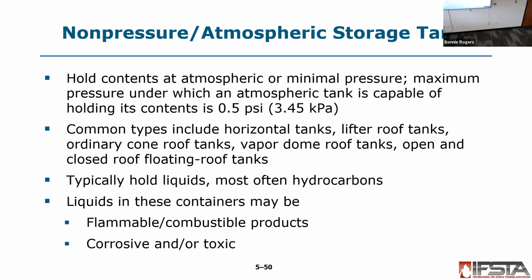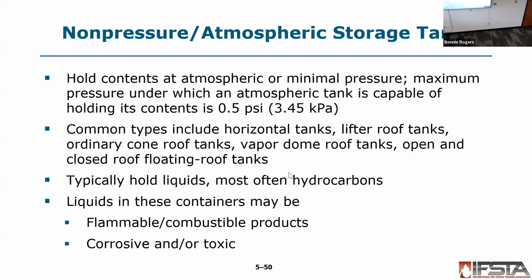So they might have a horizontal tank, lifter roof tank, ordinary cone roof tank, vapor dome roof tank, open and closed floating roof tank. Those floating roof tanks, the way those work is the roof moves with it. And the intent is one, to reduce evaporation, but also to reduce that explosion risk, right? So you're not trapping vapors.